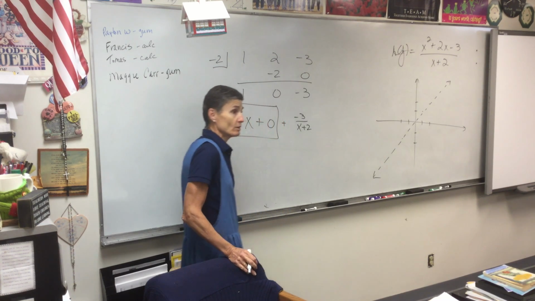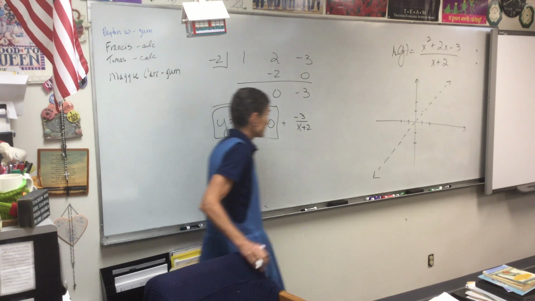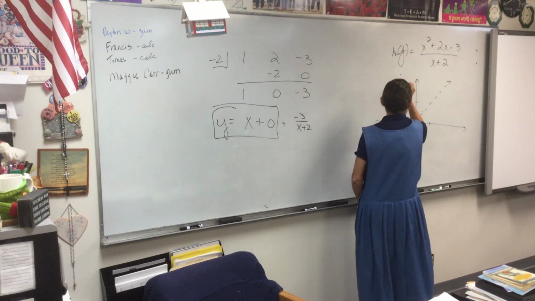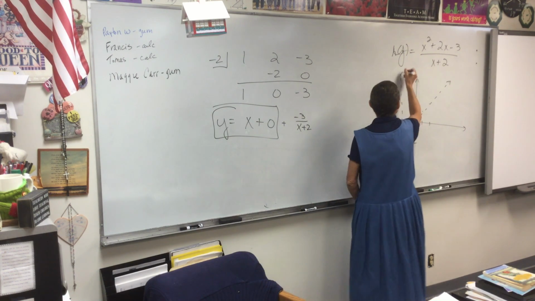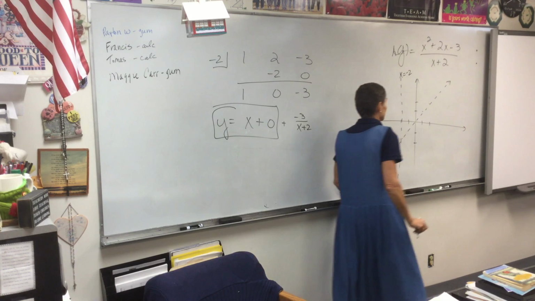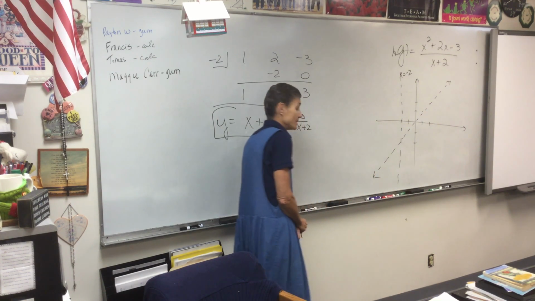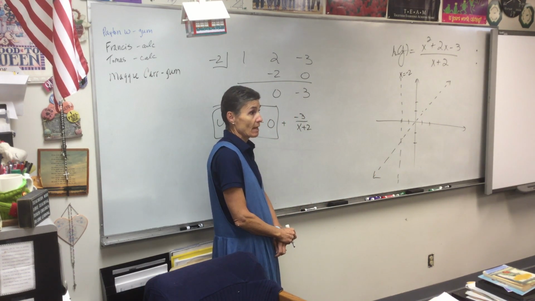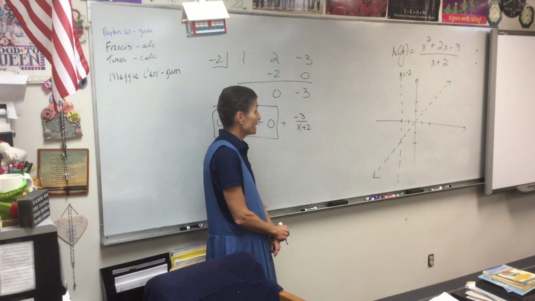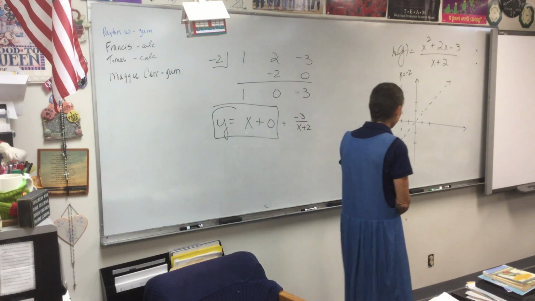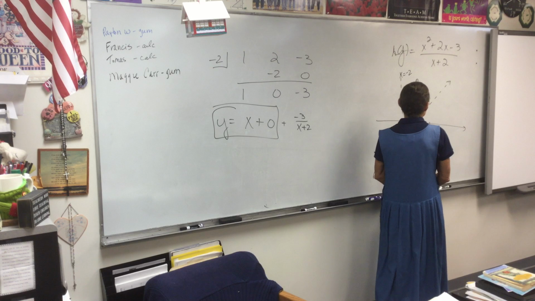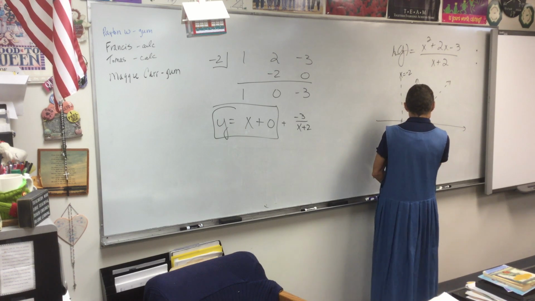Will it have a vertical asymptote? Yes, it has a vertical asymptote at -2. Does it have a y-intercept? Yes, and that would be at -3/2.